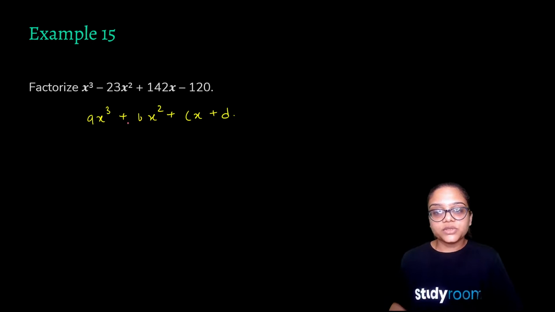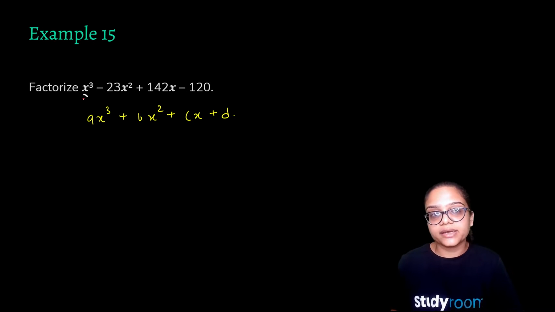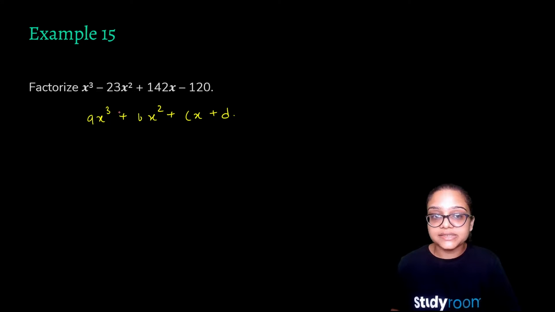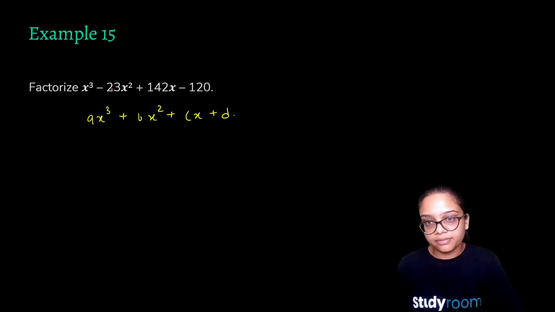The technique I suggest for a degree 3 polynomial is, first, you need to find a single zero of the polynomial, or a factor of this polynomial, and then you can divide by it. After dividing you will get a q of x of lower degree, and then you can use splitting the middle term. So we would do the same.